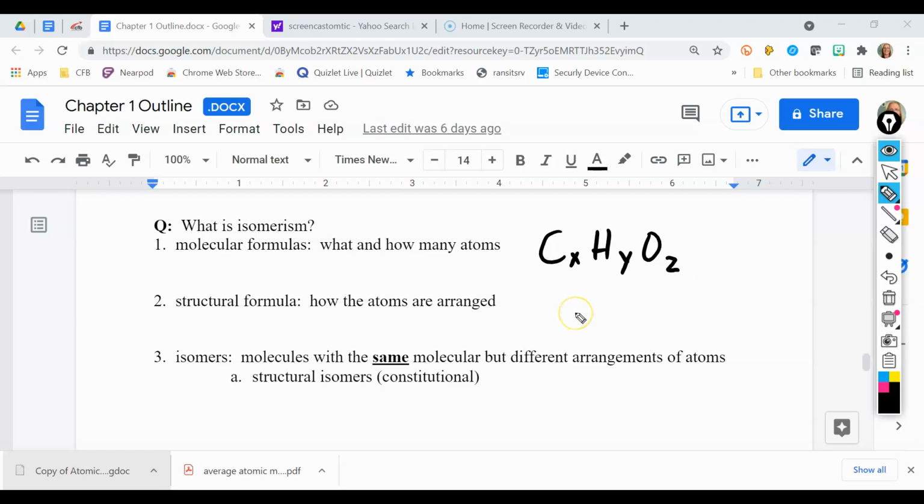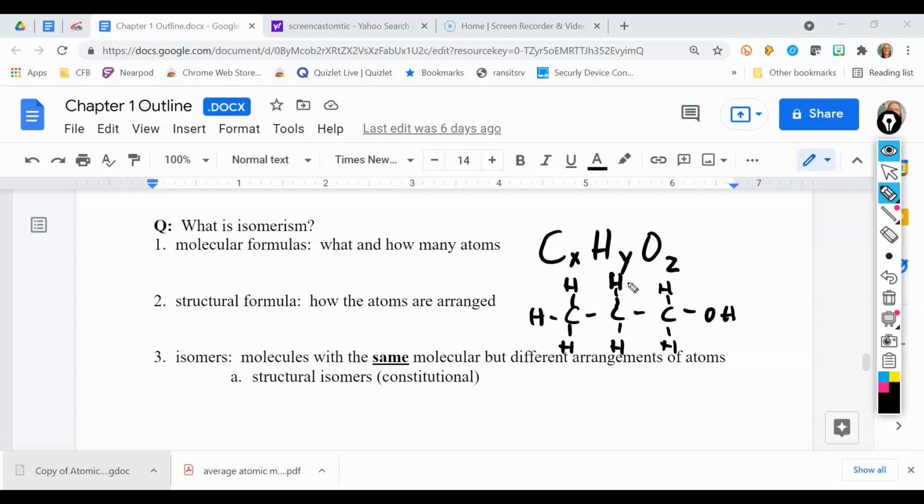We also might have a structural formula where you have the carbons attached to different things like this. As you already know, those are structural formulas. But when we have an isomer, we have the same molecular formula, but different arrangements of atoms.